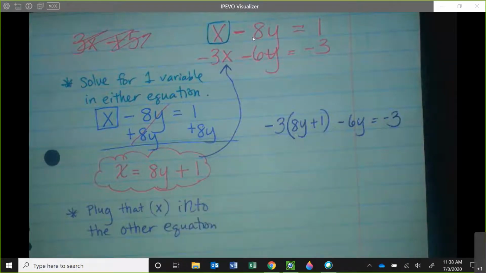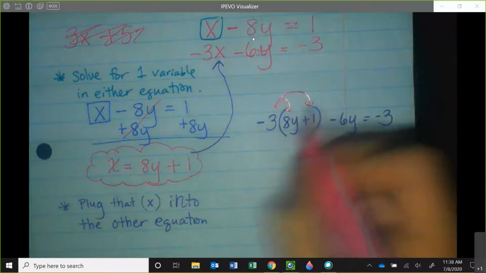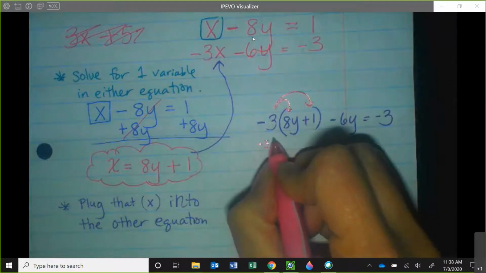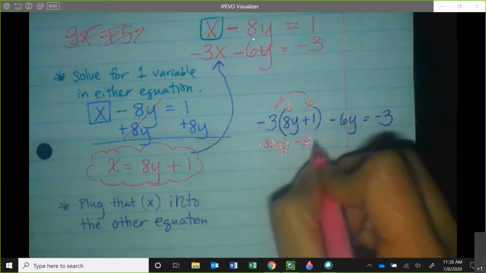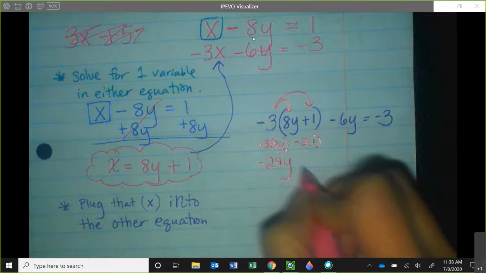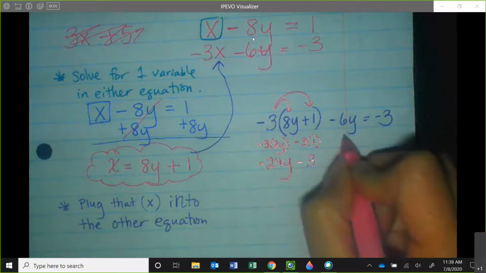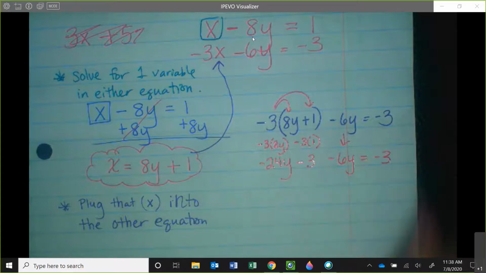Okay, and so now it becomes something that I'm going to have to work with. Because I have parentheses, I do distribute. So we get negative 3 times 8y and negative 3 times 1. That's negative 24y minus 3 minus 6y equals negative 3.